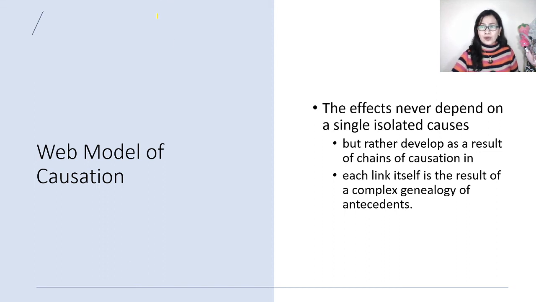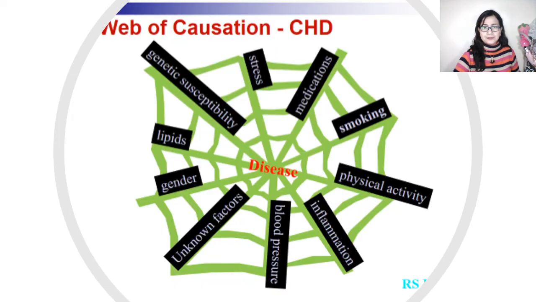All right, so it could be the result of a genealogy of antecedents. So, let's say, for instance, this is coronary heart disease. It's evident that it has multiple factors to promote or inhibit the development of coronary heart disease.